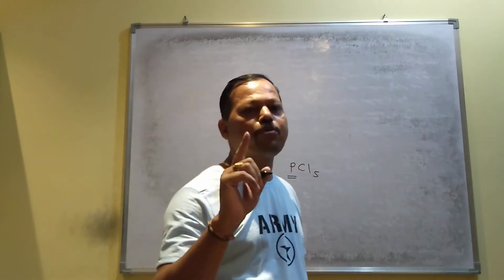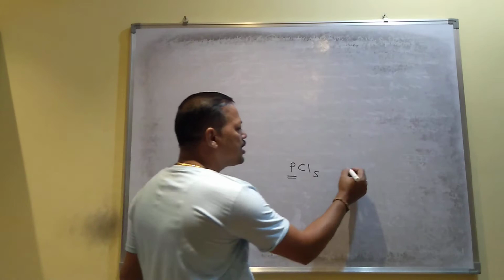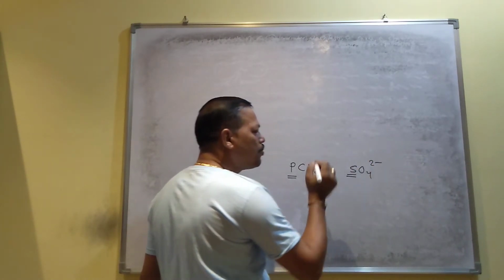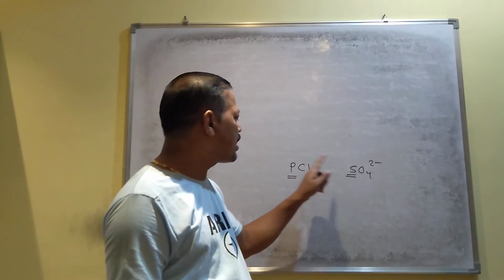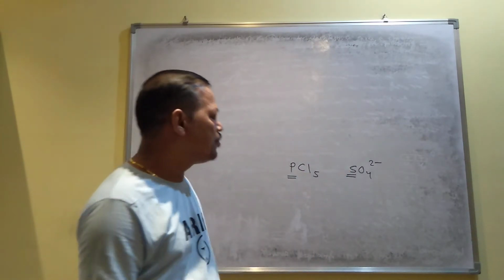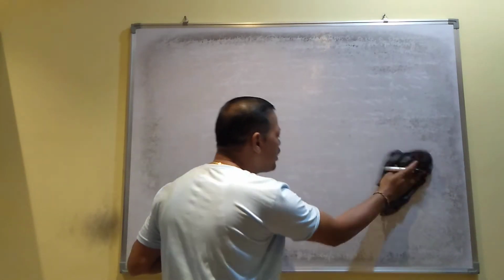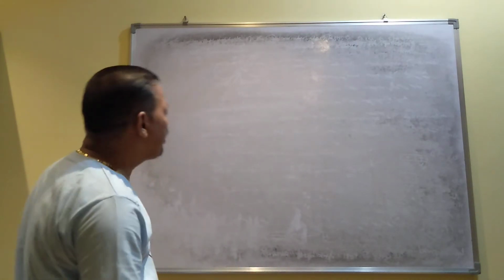The single, double, triple bond concept is applicable only for carbon. Similarly, this is one of the ions which is called sulfate ion. What type of hybridization is shown by sulfur? To find out the hybridization state of the central atom, there is a formula, and if you know the formula, then you can find out the hybridization state of the atom.